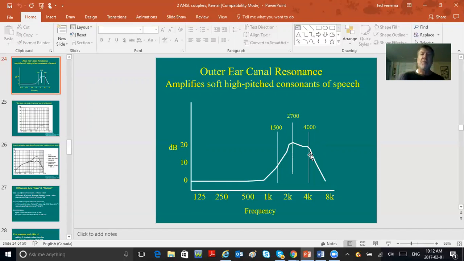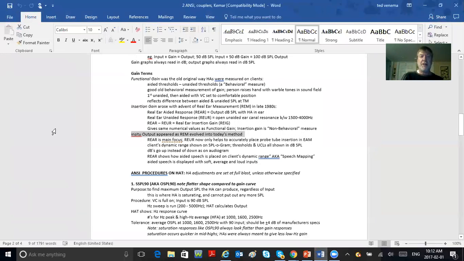But really, for the most part, today we use in situ output measures right here. That's in gray. We just stick the tube in. Yep, it's close enough. Okay, put the hearing aid in. All right, and just measure what's the sum total output. We're not interested in gain anymore. We're interested today in output.